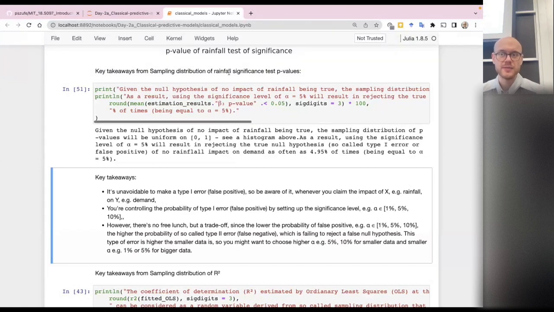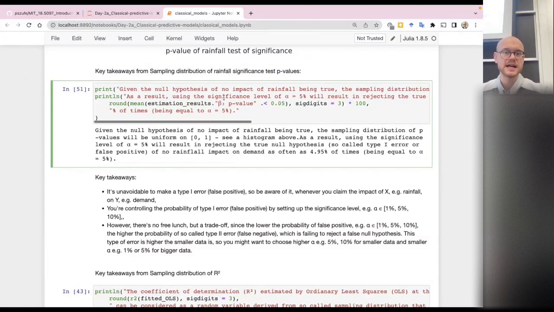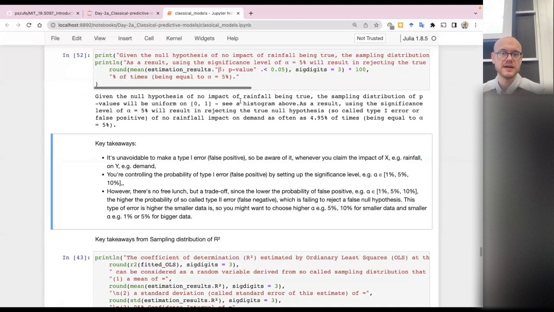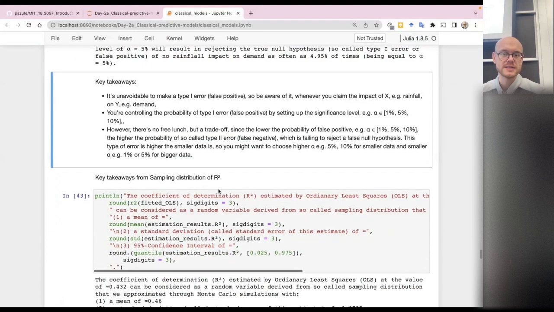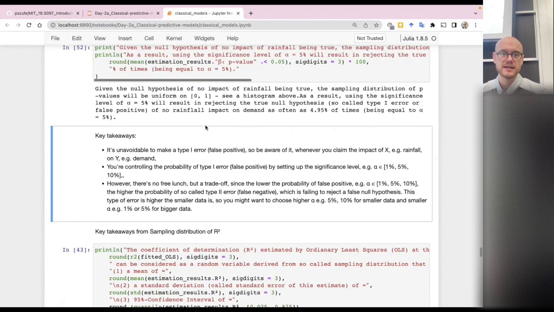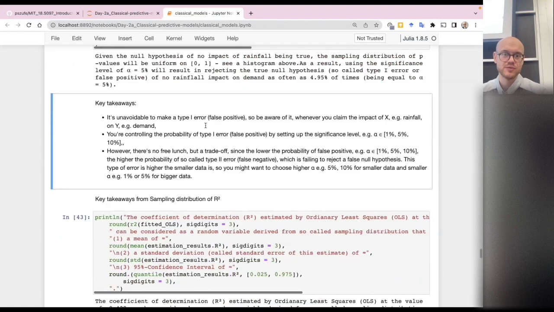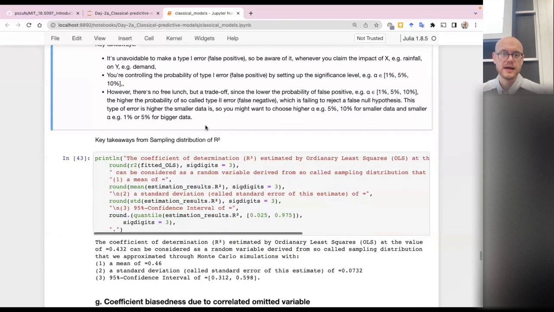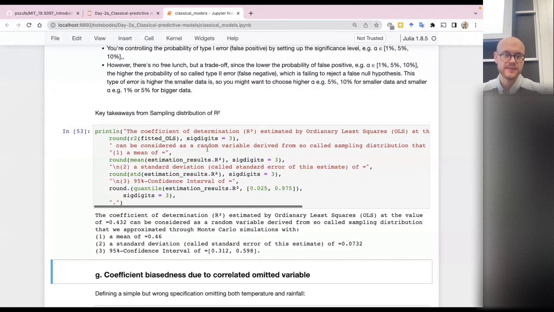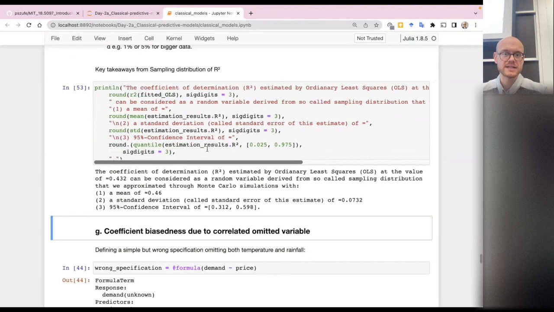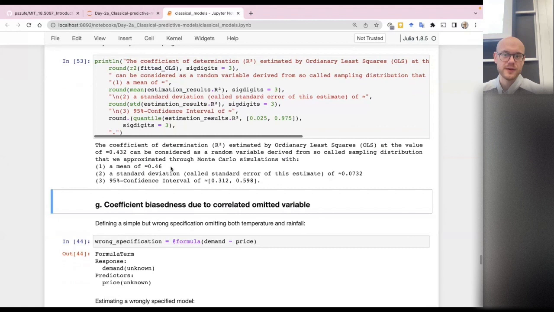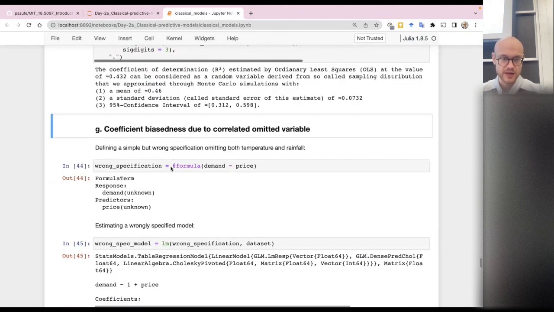This is something I'm discussing briefly in these comments. I don't want to go into details right now, but encourage you to read on your own later if you are interested. And we are doing a similar exercise for R-square, also something we are not going into much detail on.